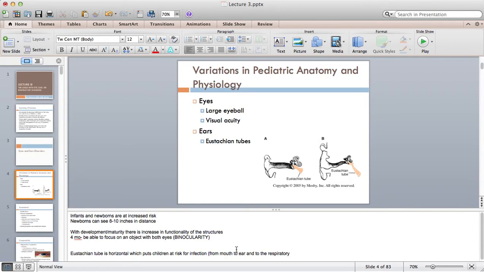Now, taking care of a child, the child presents to you, be it in the emergency room or admitted in the unit and you're going to do the admission. First thing we do as we care for that child is we must get the history. So you get the information from the caregiver.